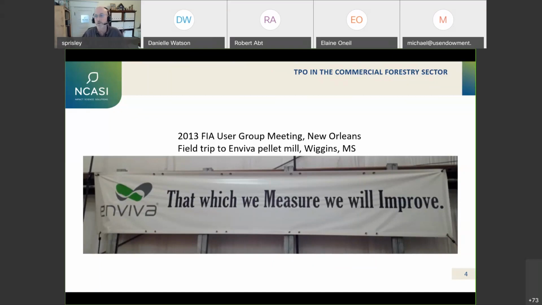And it was posted on a wall over their safety performance charts. So clearly they were talking about safety, measuring safety performance so that they could improve safety performance. It immediately, to me, applied to a lot of other things, such as uncertainty. It is really hard to improve the certainty, the precision, the confidence in our estimates if we can't measure them.